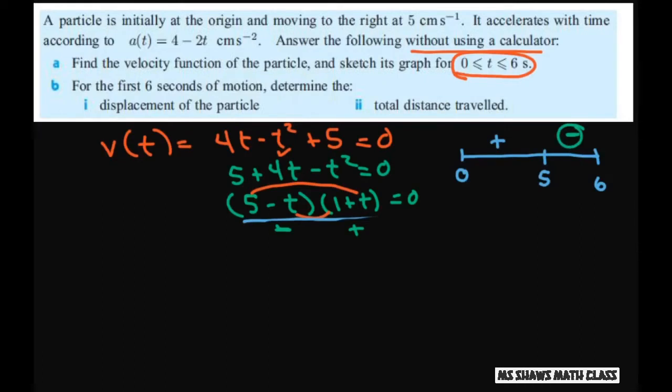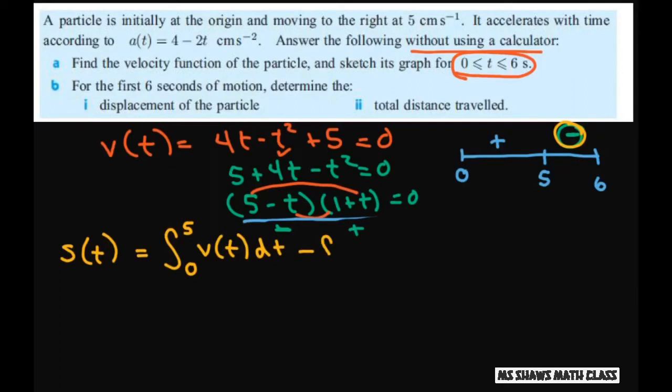So that means when we do our S of t, that's going to be the antiderivative or the integral of V(t) dt, and we're going to go from 0 to 5. And then since it has minus, we're going to subtract and go from 5 to 6 of V(t) dt. So when you do that, we already did this part.